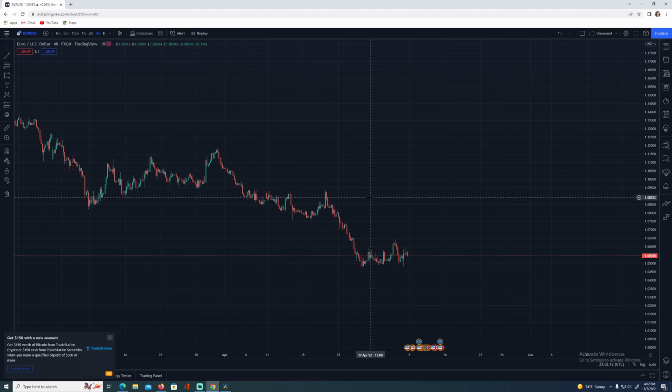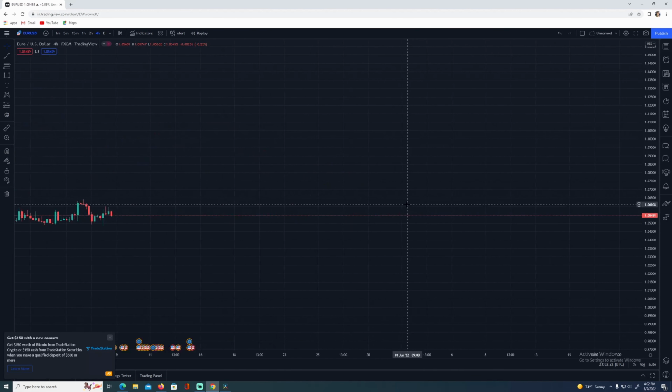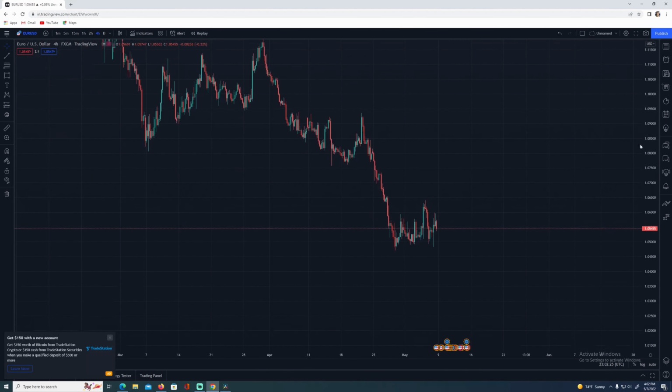Today we're going to dive deeper into the anatomy of a candlestick, because it's really important that you learn to read these candlesticks.